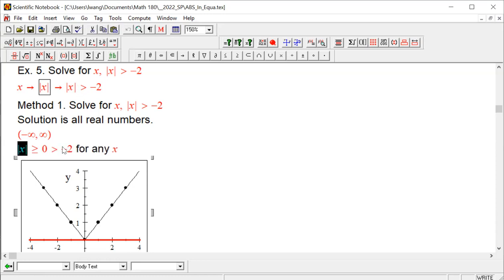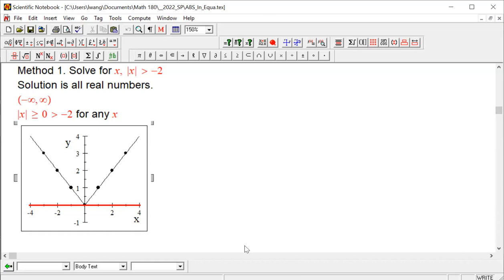So this is forever true. So in other words, this statement, if we remove that, is true for any input. Therefore, the solution is all real numbers. So you can see that from the domain and range perspective as well.